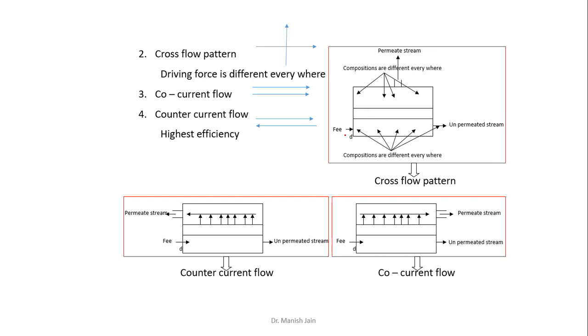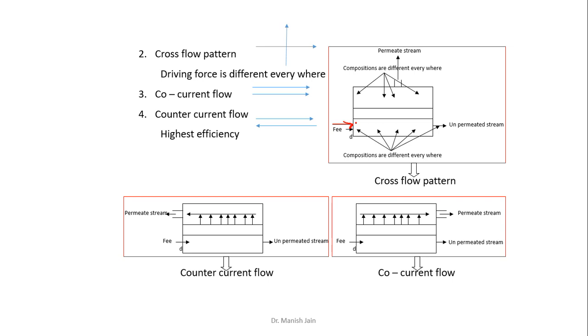Okay, so why are these flow patterns important? Suppose the feed enters the module from this direction. Here the concentration is x naught of a given species.